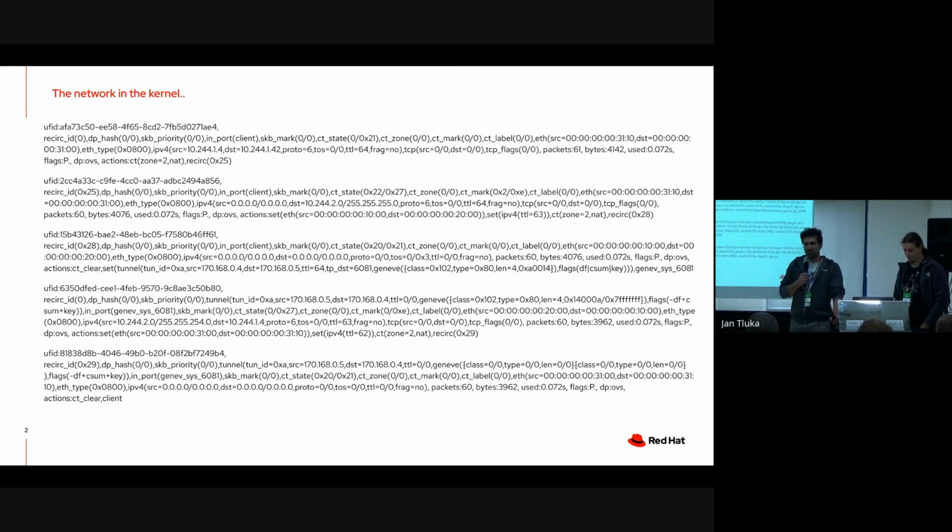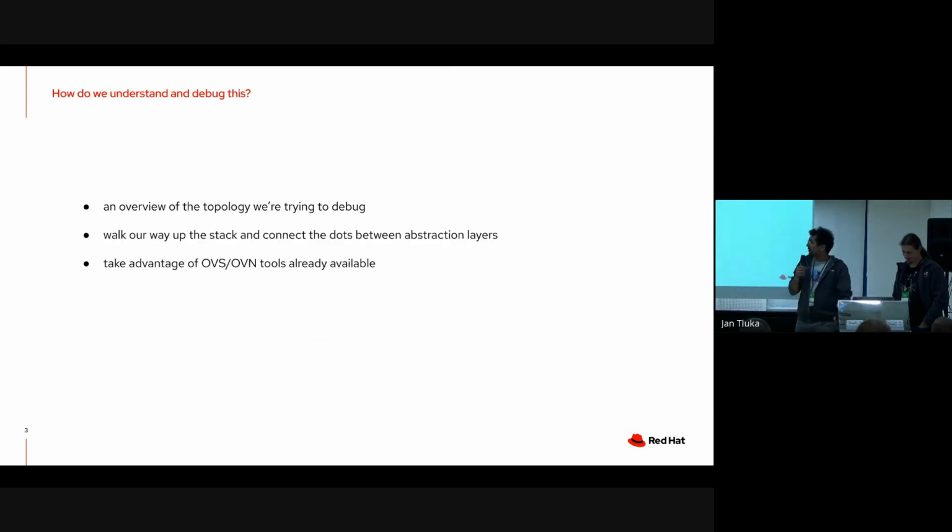I'm curious if people have ever wondered what actually generated this, and why my packets are hitting this in the data path.